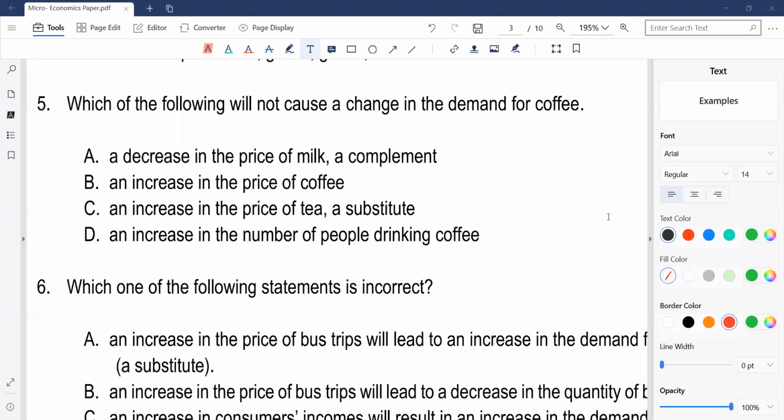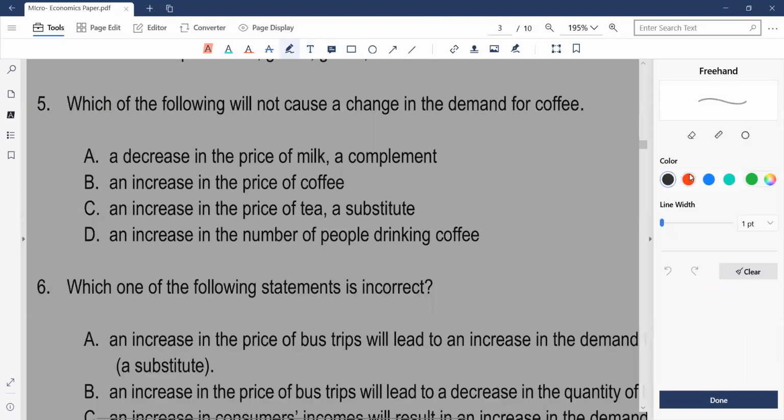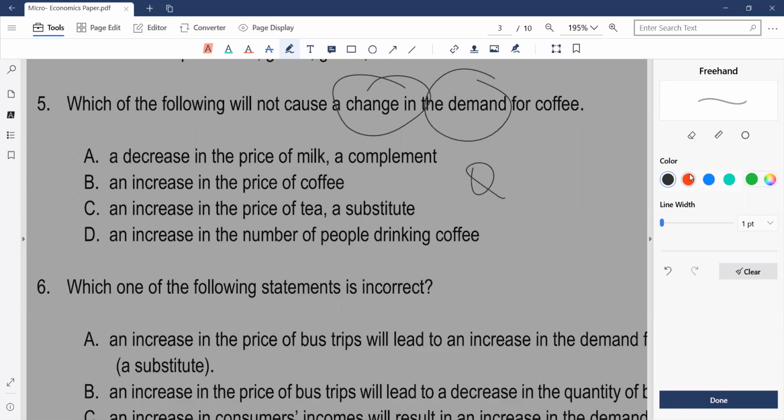Question number 5. Which of the following will not cause a change in demand for coffee? I like questions like this because they are saying cause a change in demand. Mind the wording that is given here. It's a change in demand, not change in quantity demanded.